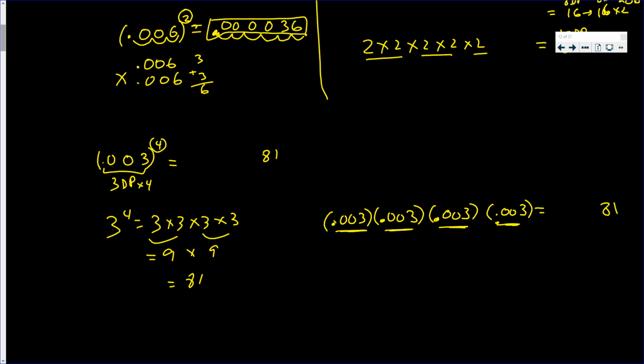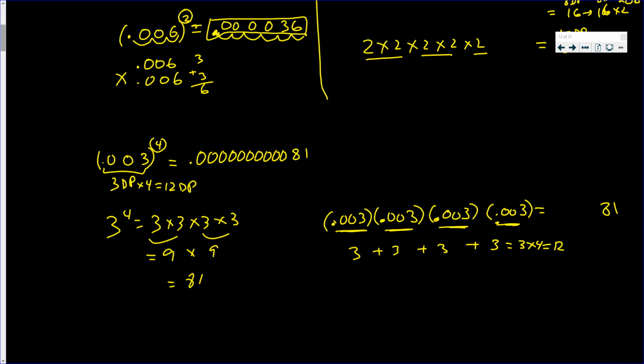So we're going to move in 3 plus 3 plus 3 plus 3. That's 3 times 4 places. We're going to move in 12 decimal places. Since 81 is 2 digits, I'm going to have 10 zeros. 1, 2, 3, 4, 5, 6, 7, 8, 9, 10, and then 11, 12.